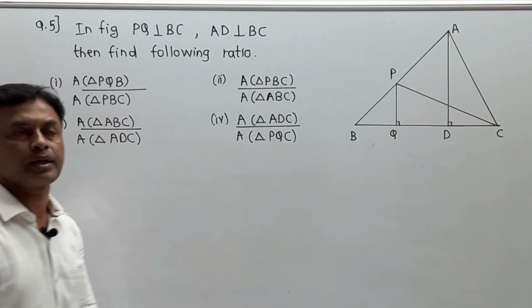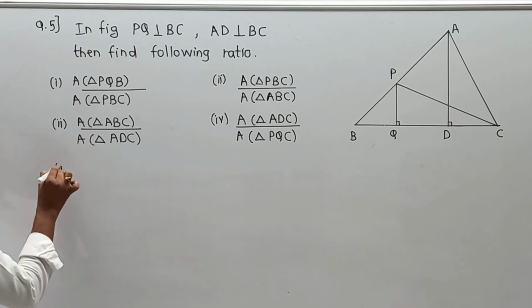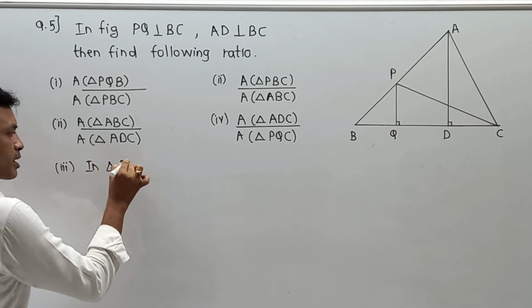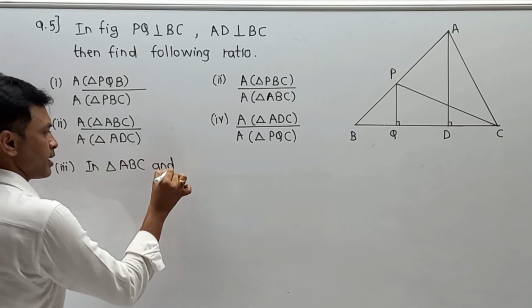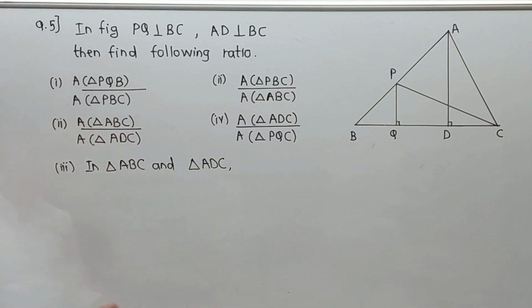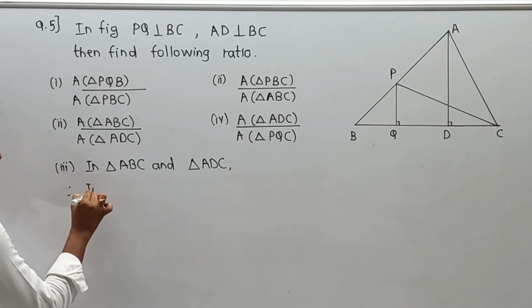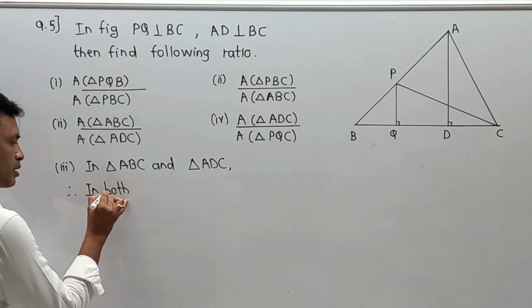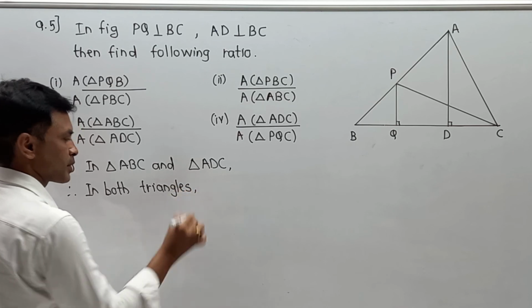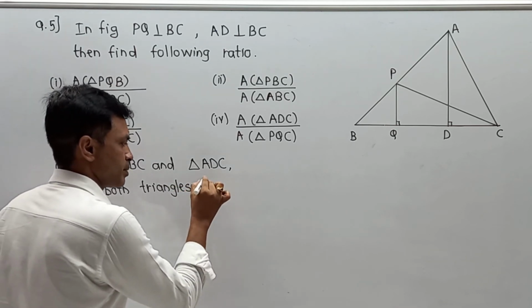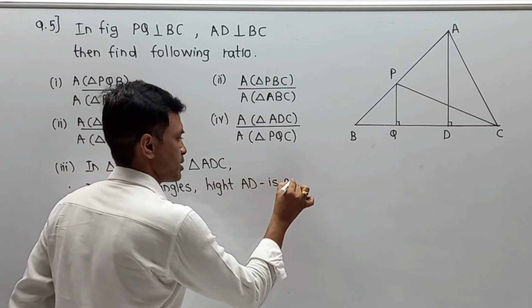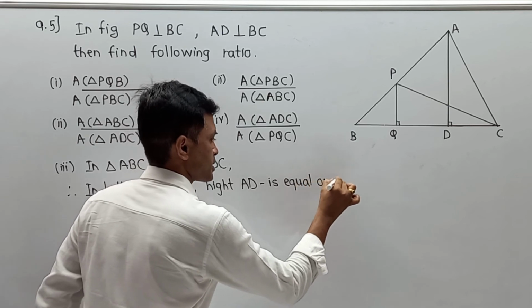Giving explanation over here, and the part is in triangle ABC and in triangle ADC, in both the triangles, height AD is equal or same.